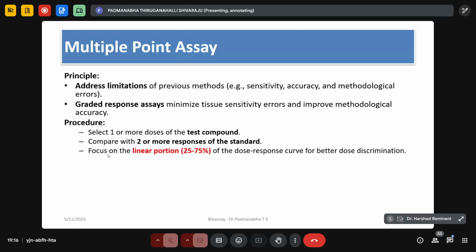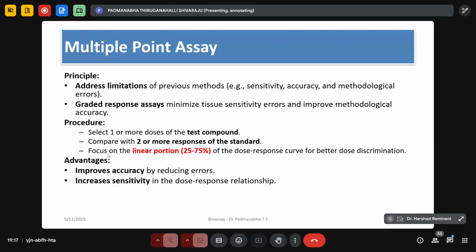So the procedure is to select one or more doses of the test compound, then compare with two or more responses of the standard and focus on the linear portion. We need to select the dose from between 25 and 75% of the dose response curve to get better dose discrimination between the two concentrations. The advantage is it improves accuracy and increases sensitivity.